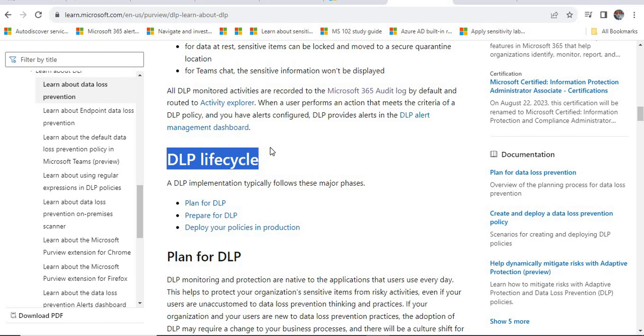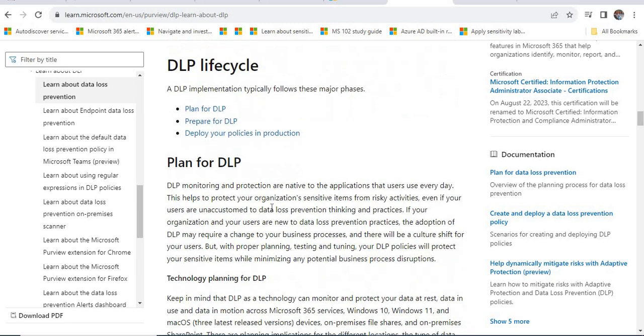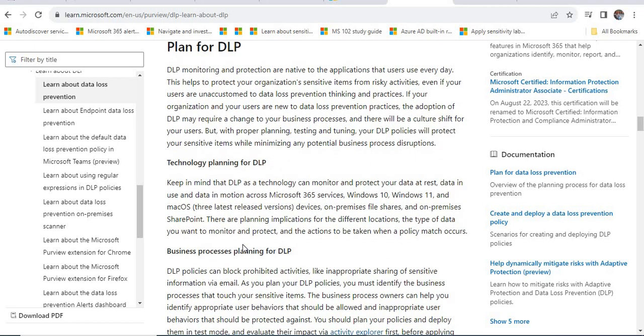Now I will show you how to configure DLP. First, plan for DLP. In this plan, you have to decide which technology you want to configure: Windows 10 devices, Windows 11 devices, Android, iOS.